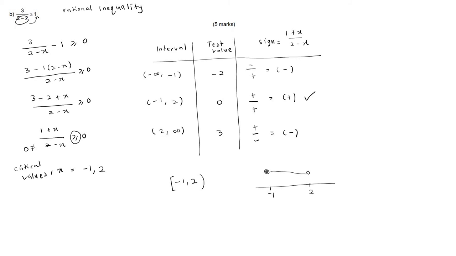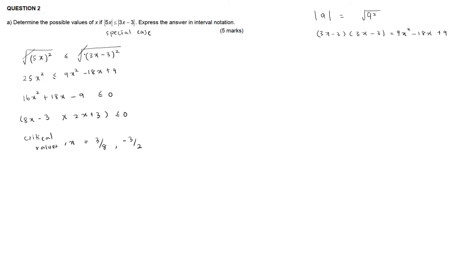Just like before, after the last simplification, we get critical values and then we proceed to make the interval table. This one is also the same. Starting from the special case, after we do some operations, we get two critical values and the next step is to make an interval table.